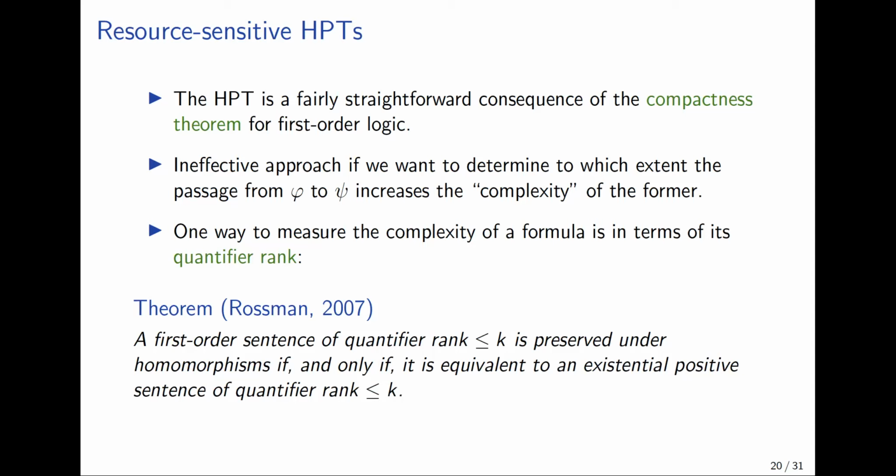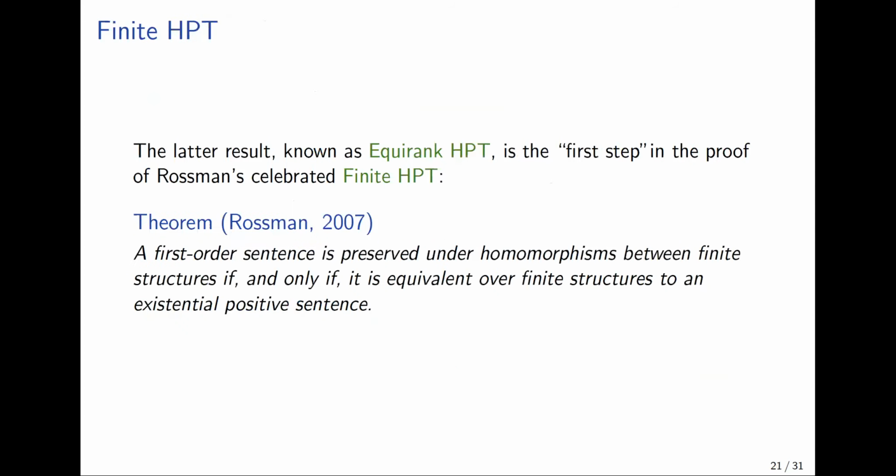So this result is called the equirank homomorphism preservation theorem. As a side remark, this is actually just the first step in the proof of a celebrated result by Rossman, known as the finite homomorphism preservation theorem, which answered a problem which remained open for a number of years.